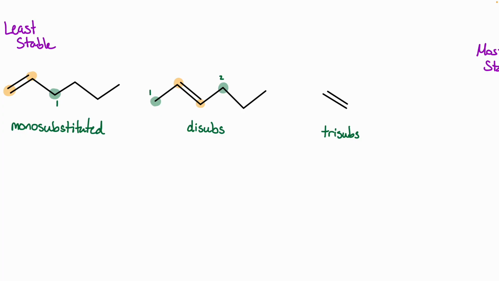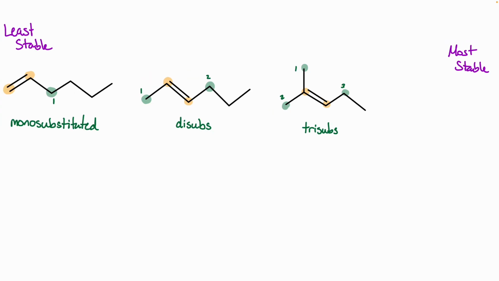When we draw our carbon-carbon double bond, we have to make sure that we have 1, 2, 3 carbon neighbors. Sticking with my same 6 carbons, 1, 2, 3 carbon neighbors here.